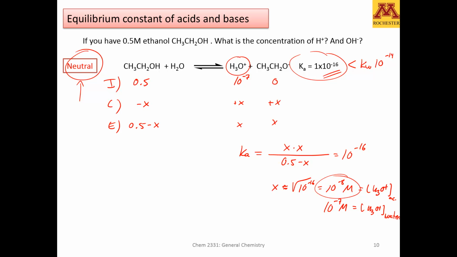Take home message: if your Ka is smaller than 10 to the negative 14, consider that a neutral compound. Likewise, if your Kb is smaller than 10 to the negative 14, that is not a base either. This is considered a neutral compound. We will see some examples of that, mostly for the conjugate bases and conjugate acids of strong acids and strong bases, respectively. But that should be in your memory so that you remember it when we talk about it again.